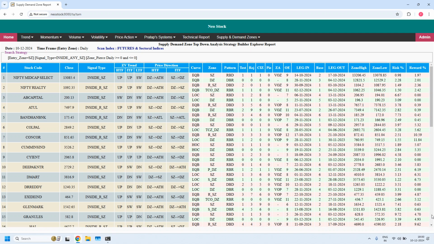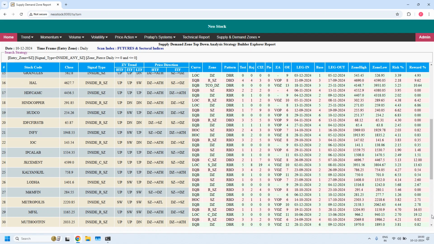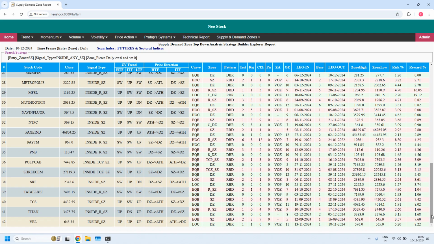I'm scrolling the list down, first 15 stocks. Total 42 stocks are filtered.